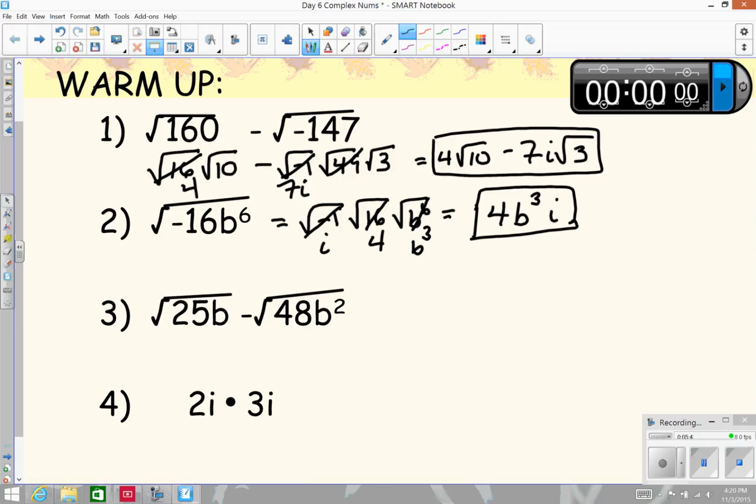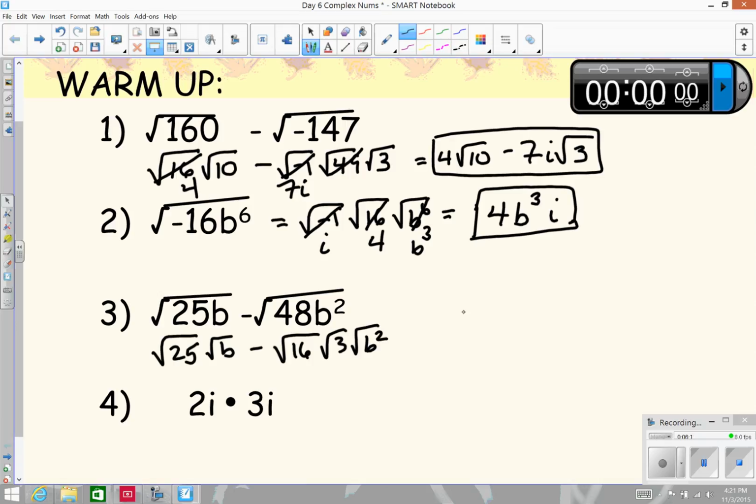Number 3, I've got an expression I'm subtracting. Radical 25b I can break down as radical 25 radical b, minus the 48 I can break down into a 16 times 3, and the b squared is itself a perfect square, so that's going to become radical 16 radical 3 radical b squared, taking out the square roots there.